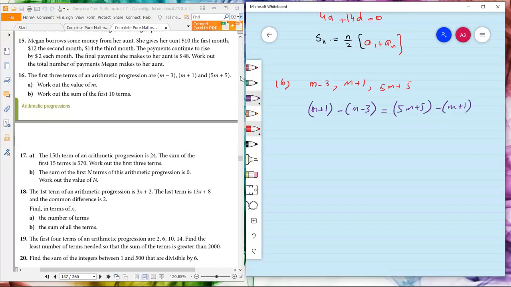So m plus 1 minus (m minus 3) is equal to 5m plus 5 minus (m plus 1).